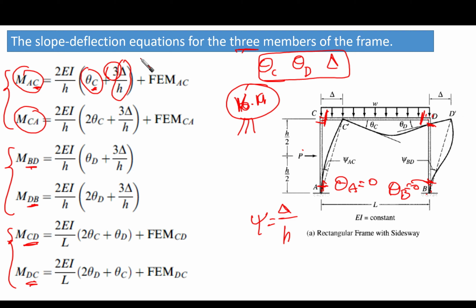The fixed end moment AC. We have a fixed end and a concentrated load. From the back cover of the textbook you can find the fixed end moment easily. In a similar fashion, we apply it for moment CA, which is going to be 2EI over H times 2 theta C, because 2 theta C is the near end, and the far end is theta A, which is 0, so you are not going to find theta A here, plus 3 times psi.